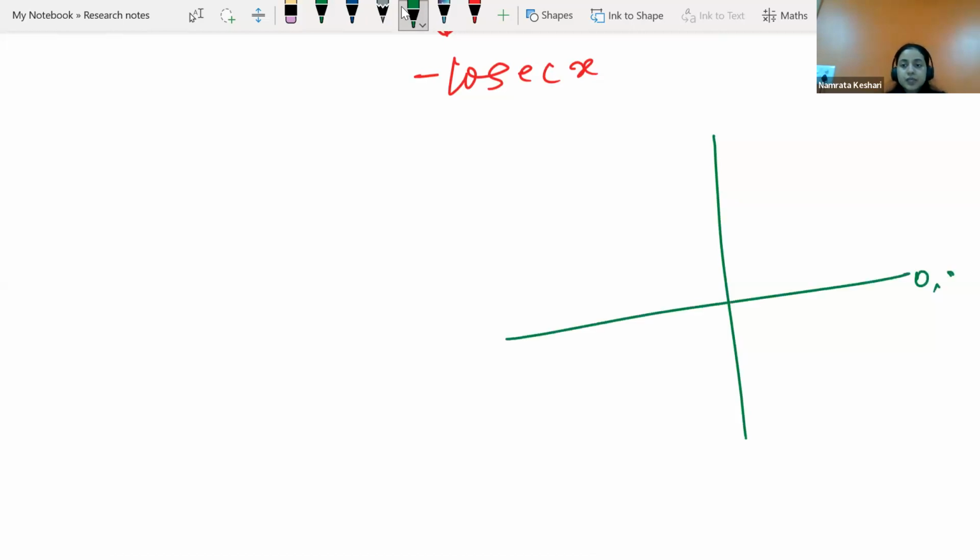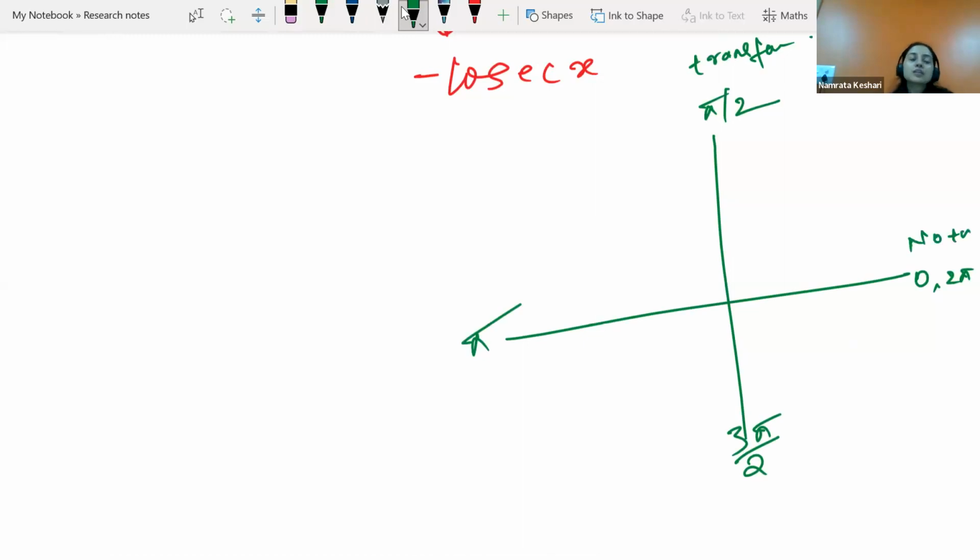Zero, pi by 2, pi, 3 pi by 2. Okay, transformation of this. Now we'll be taking sine of pi minus x.